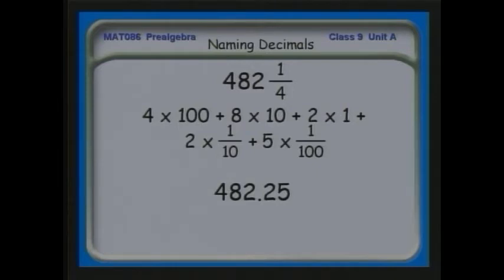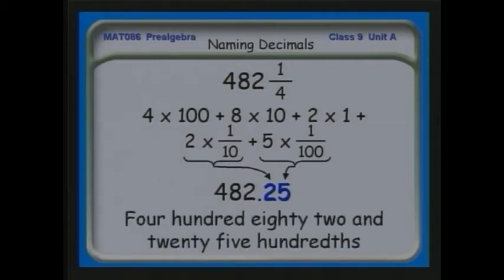In this case, I have 482.25, and I can read this where the 0.2 comes from the 2 times 1/10, and the 5 out in that second term comes from 5 times 1/100th. And I would read this as 482 and 25 hundredths, because that's where we started from.